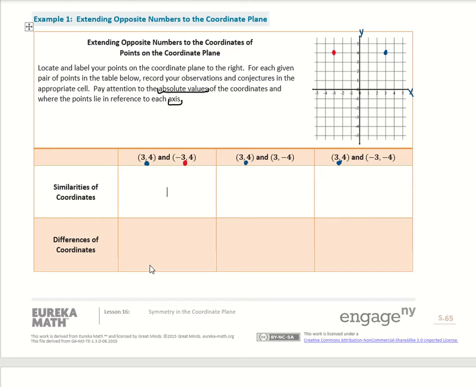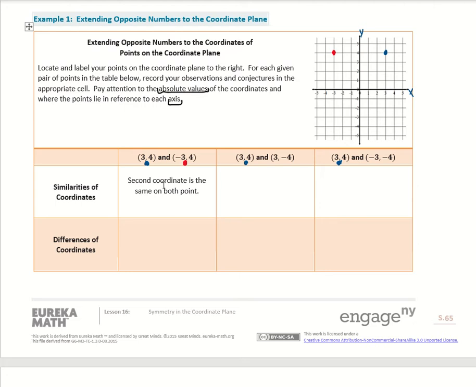One thing is very obviously similar, and that is my y coordinate. My second coordinate is the same on both points. So that's one thing that they have in common.